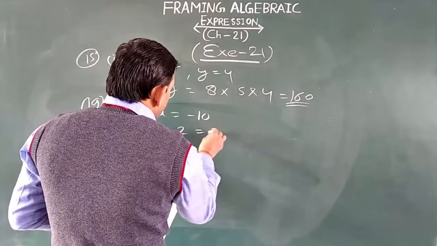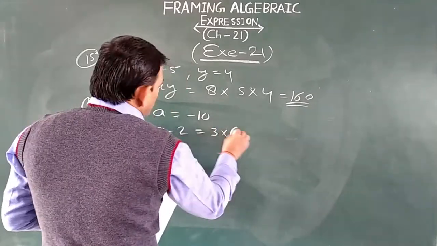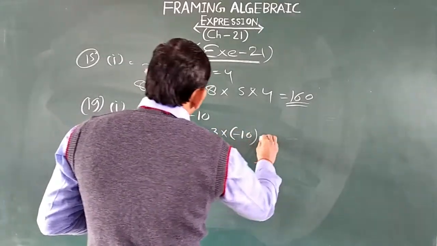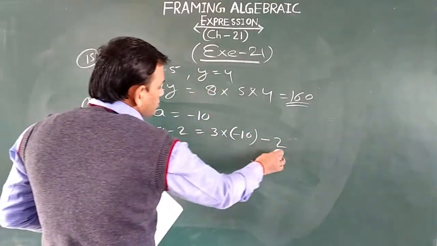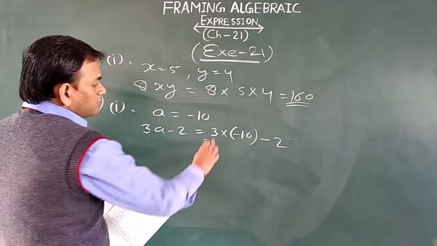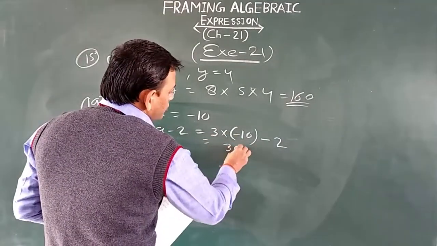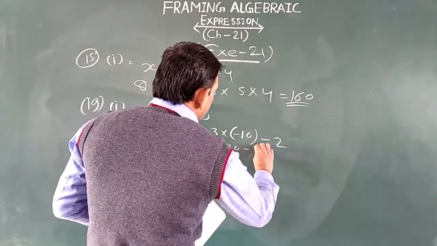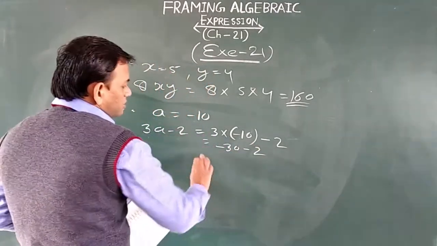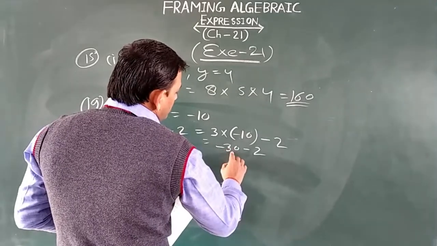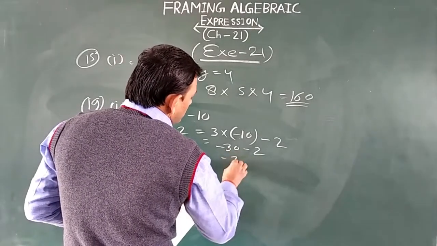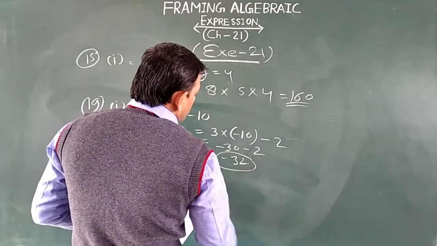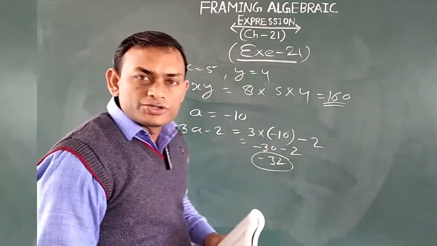So it will be 3 into minus 10 minus 2. Okay. Now we will solve it. 3 into 10, 30. Because the minus sign is there, we will put the minus sign. Got it? So it will be minus 30 and minus 2, minus 32. It is the answer of this question.